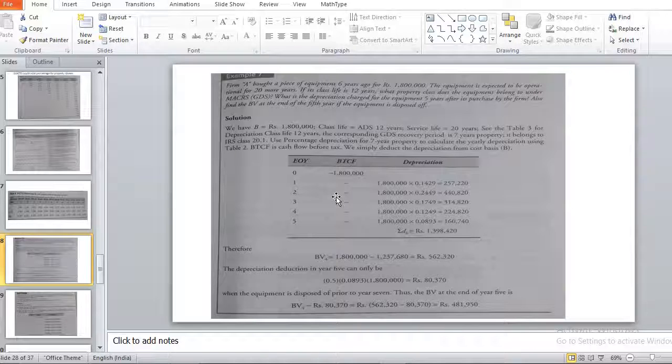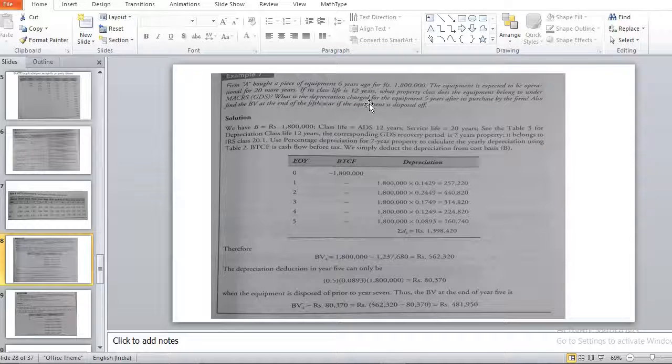This numerical is based on the Modified Accelerated Cost Recovery System. The example given is: a firm A bought a piece of equipment 6 years ago for rupees 18 lakh. The equipment is expected to be operational for 20 more years.